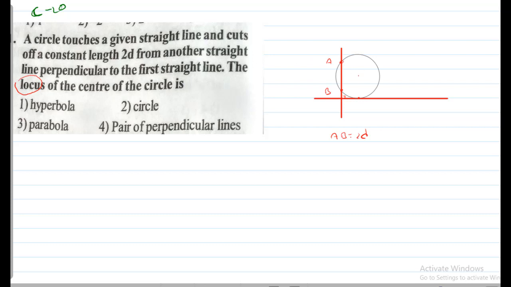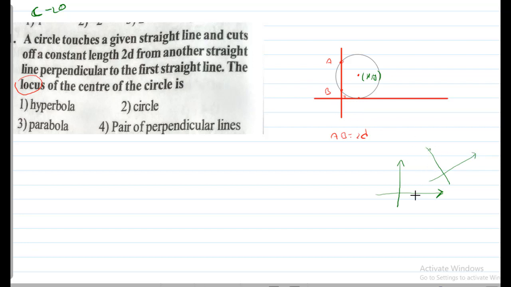For example, one of the centers of the circle is taken as x comma y. So this is say x comma y. Now we want to create the relationship between x and y which satisfies the given conditions. Important thing is these two lines may be parallel to the x and y axes, maybe, or this is the x axis and this is the y axis, maybe this is parallel to this and this is parallel to this, or this is the y-axis and this is the x-axis, means those two lines may or may not be parallel to the x-axis.